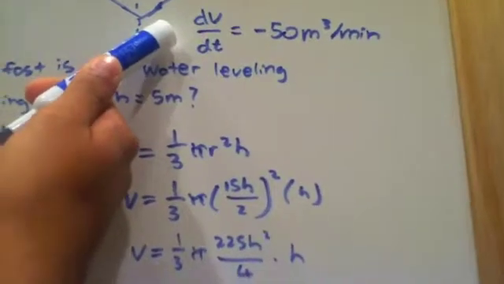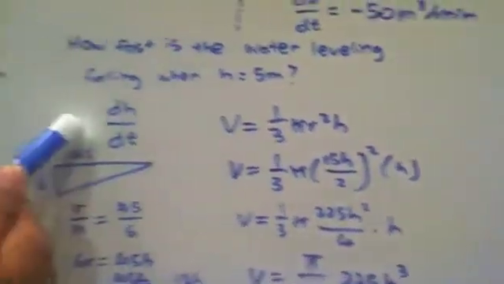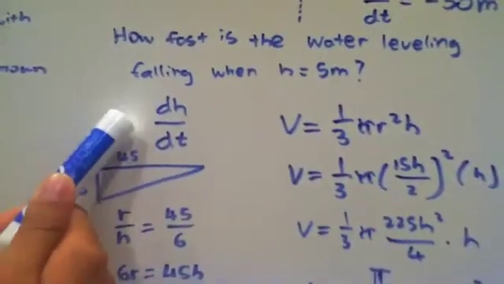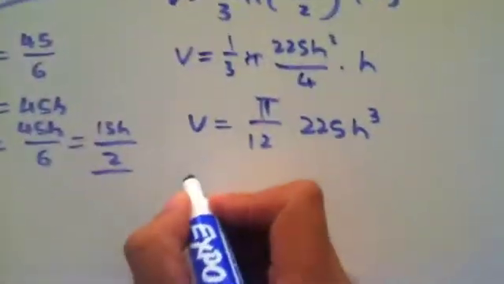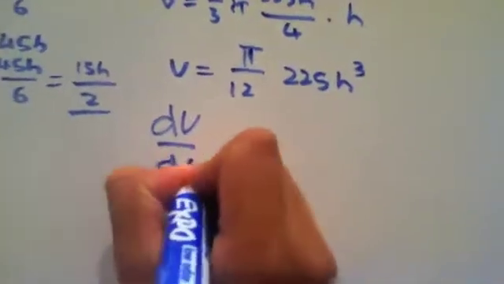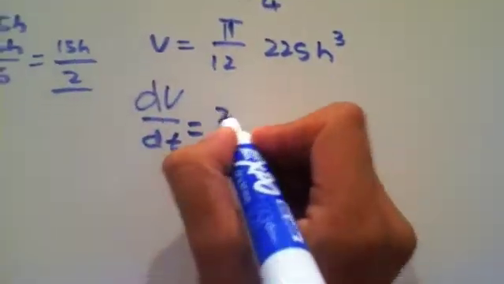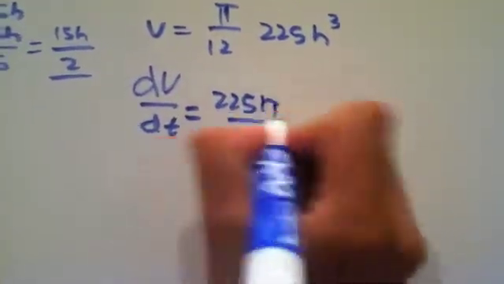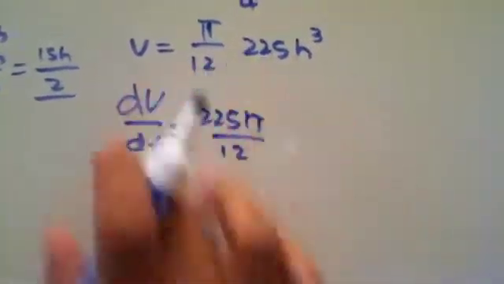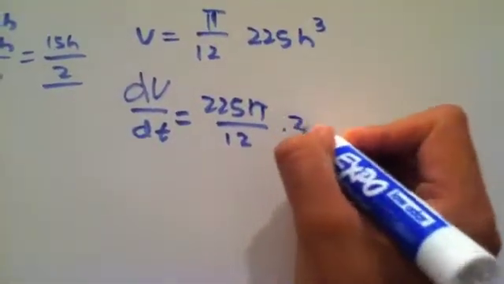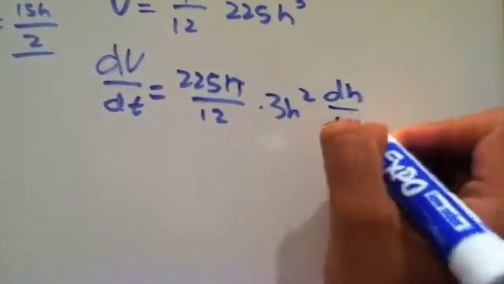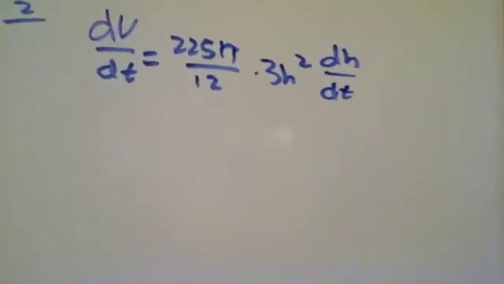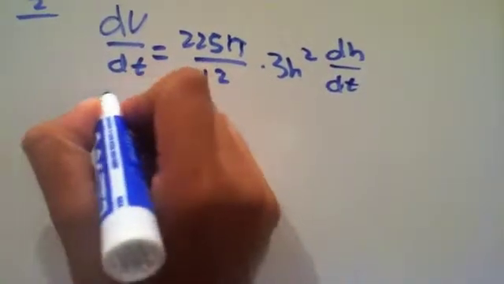We get dV over dt is equal to 225 pi over 12, which we can leave as one big constant, times 3h squared dh over dt, as we are differentiating with respect to time. And this equals negative 50.